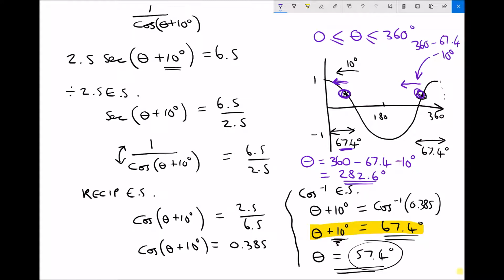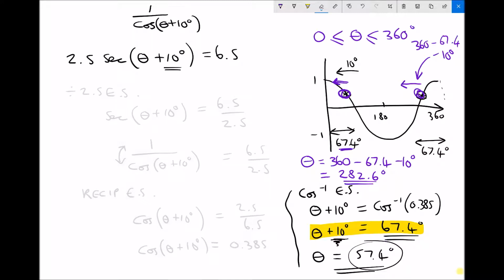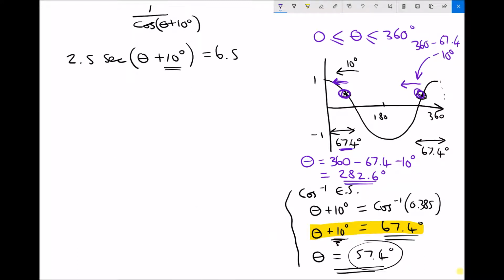Now it's important to check these two answers, so let's clear some space again, and we're going to check against our original function. So our original function was 2.5 sec theta plus 10, but sec theta plus 10 is the same as 1 over cos theta plus 10. So we're going to rewrite that, 2.5 over cos theta plus 10 degrees, and we're trying to show that that equals 6.5.